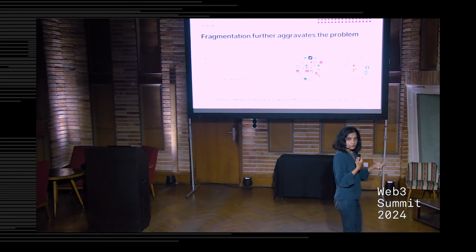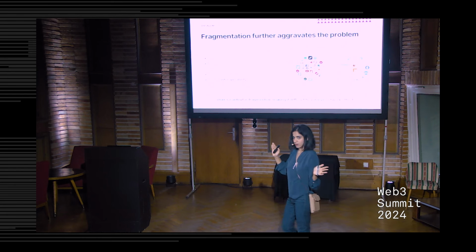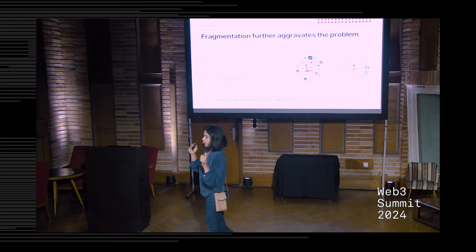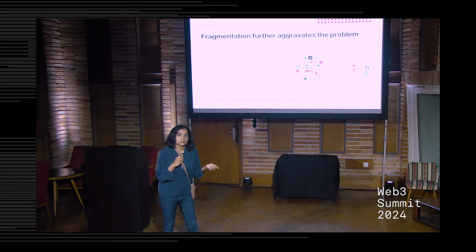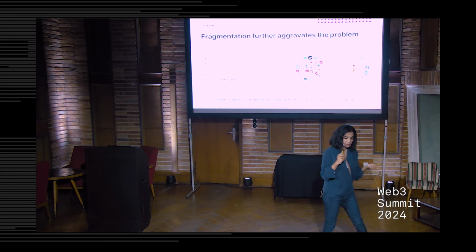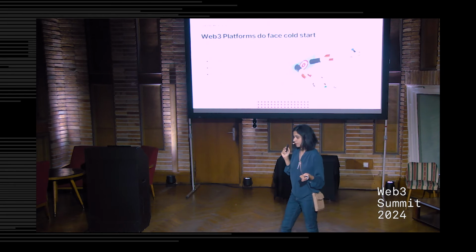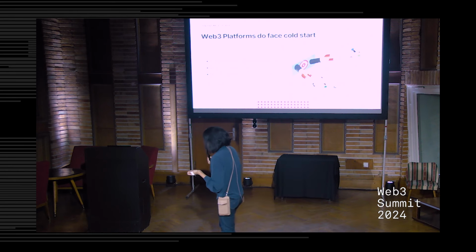And then on Web2 platforms, you have your Twitter, Instagram, whatever. That context is also fragmented. So fragmentation further aggravates the problem because then you have no way to derive any meaningful data about users' interests or preferences. So that is why Web3 platforms still face the cold start problem.